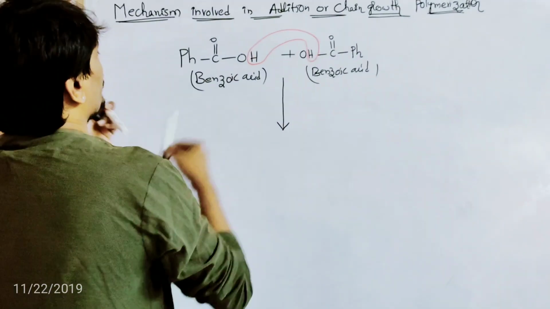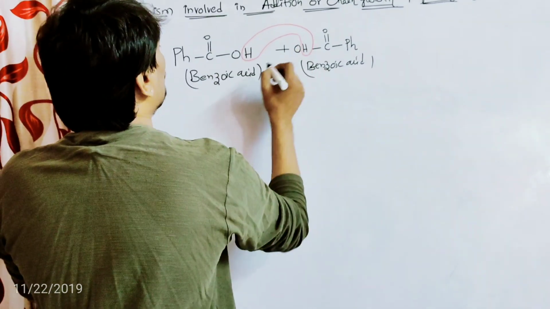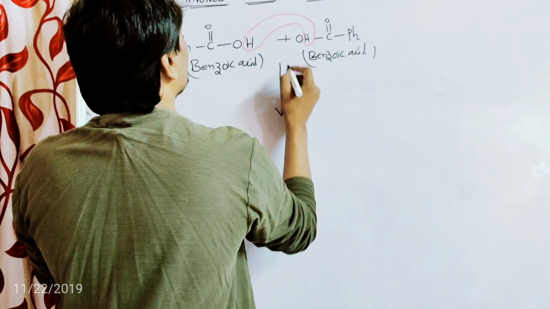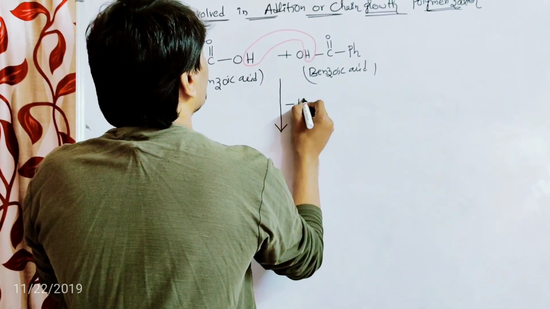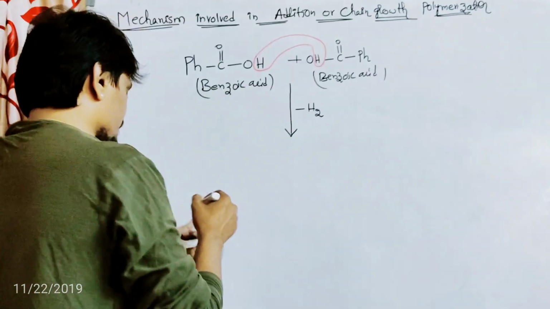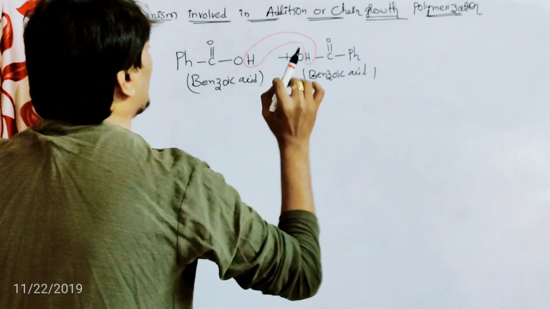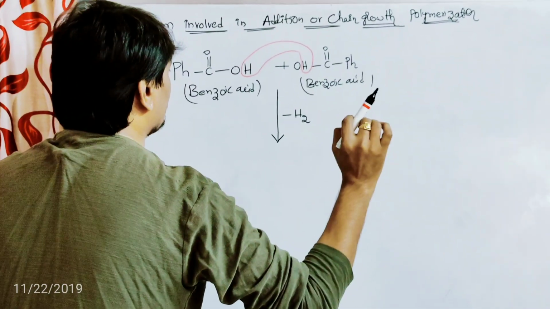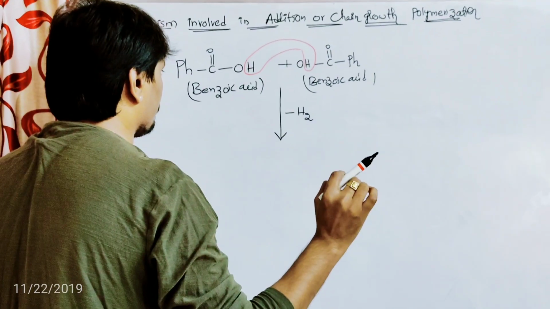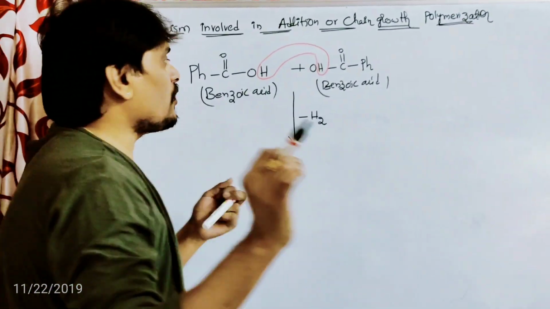Right. So we are removing the hydrogen and the hydrogen. So 2 moles of hydrogen, that is H2, is being eliminated. Once H2 is eliminated, whatever structure is obtained is benzoyl peroxide.